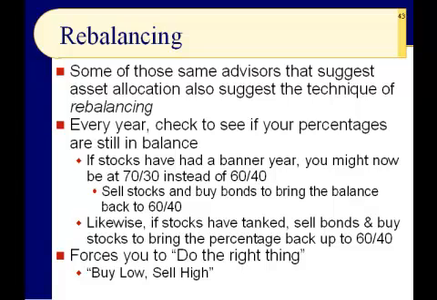So maybe once or twice a year, you sell some stocks and you buy some bonds to bring the balance back to 60-40. Likewise, if stocks have fallen dramatically, if stocks have tanked, so to speak, you want to sell some bonds and buy some stocks to bring the percentage back up to 60-40.